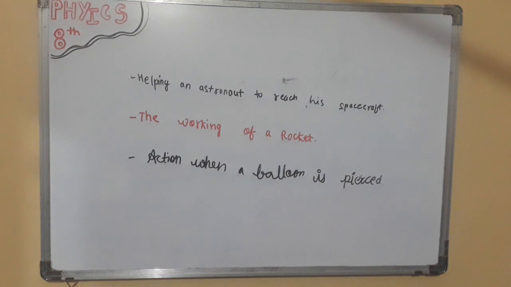When it is burst with a pin, air in it comes out with a speed in the backward direction. Thus, to conserve the momentum, the balloon moves in the forward direction. So, an inflated balloon lying on the surface of a floor moves forward when burst with a pin.